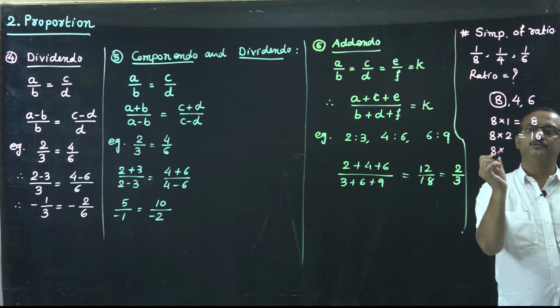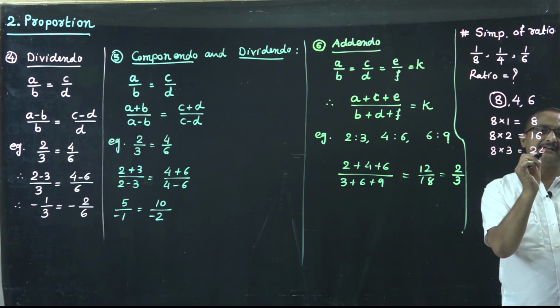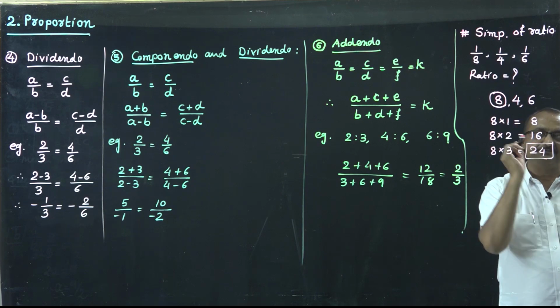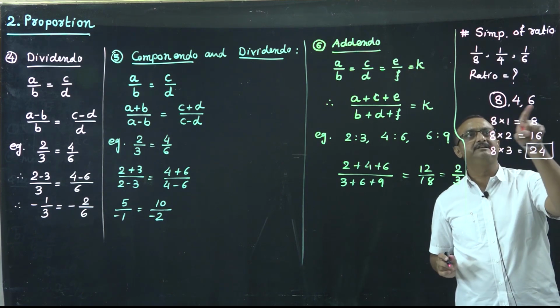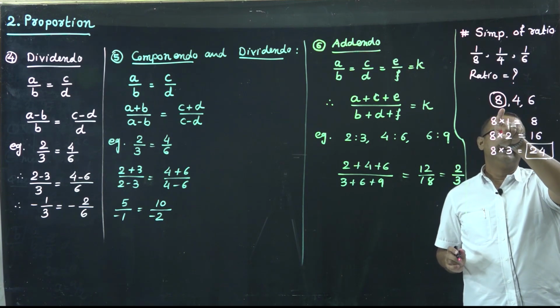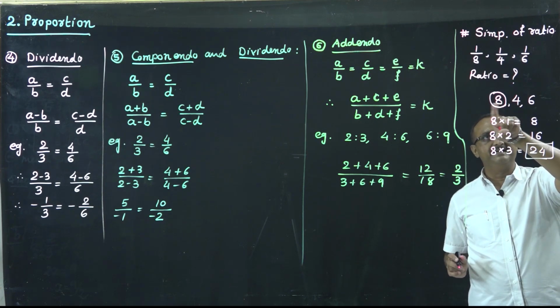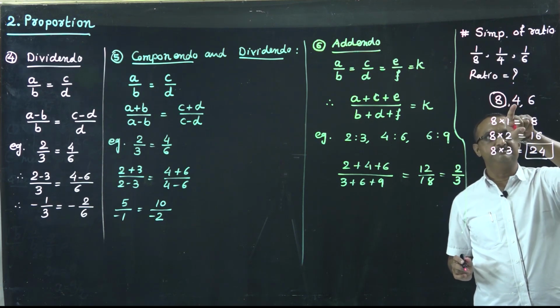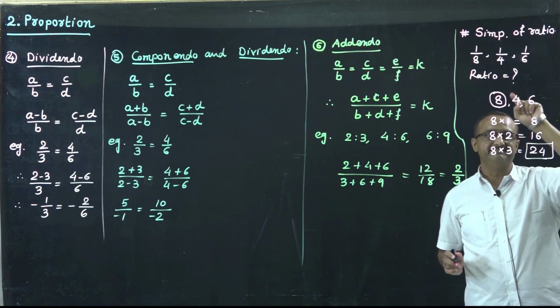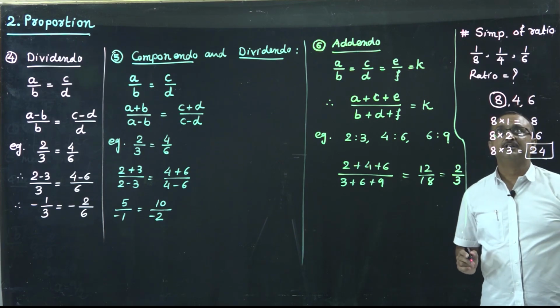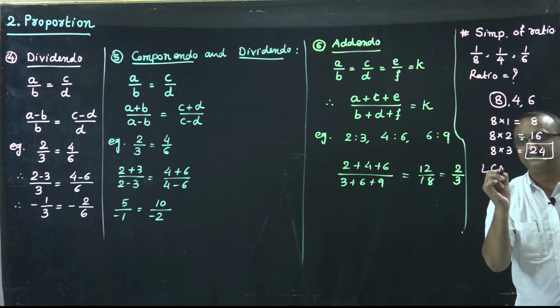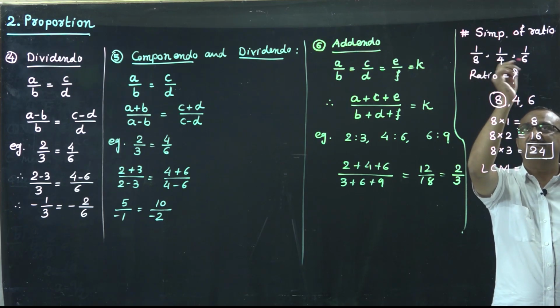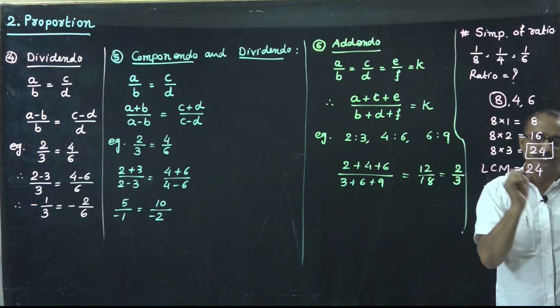Now 8 3s are 24. Is 24 divisible by all three numbers? Yes. 24 is divisible by 8, 24 is divisible by 4, 24 is divisible by 6. So the LCM of these three numbers is 24.